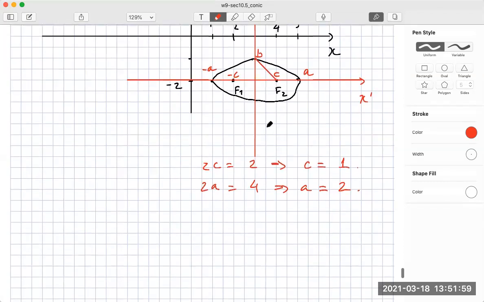From this, we know that a squared, because the distance from this point to F1 and from this point to F2 will be 2a. These two triangles are congruent. So b from this point to F2 is equal to that from this point to F1. It means that the distance from this to F2 will be a, right? Half of 2a.